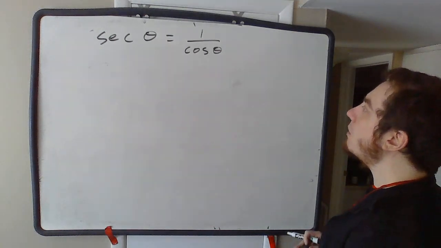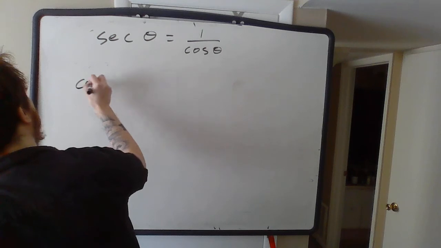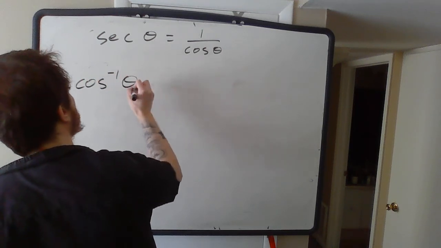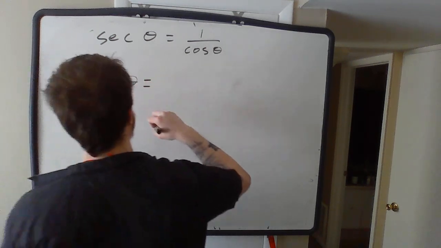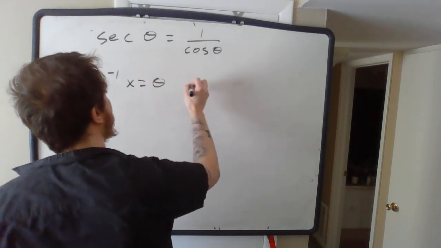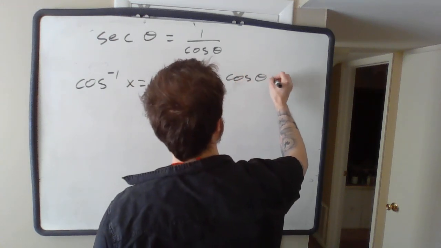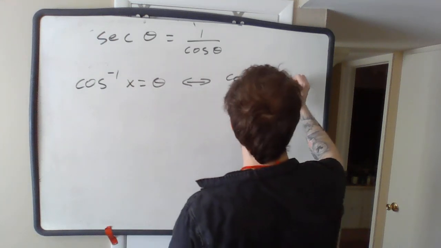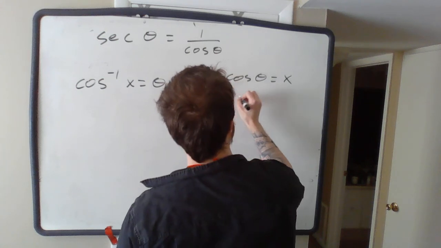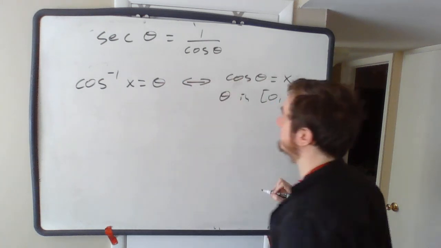And so what we want to do here, remember that cosine inverse has the following definition. So cosine inverse of x equals theta. This means that the cosine of theta is equal to x, and also theta has to be in the interval from 0 up to pi.